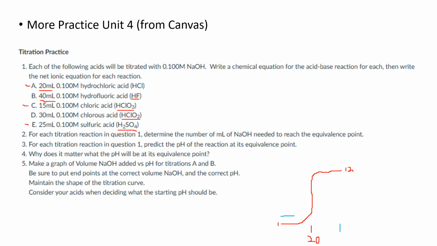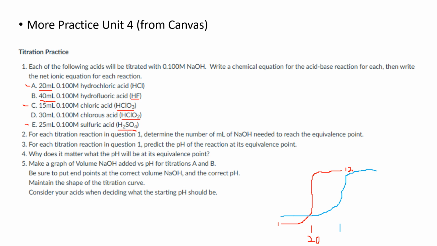So we're going to drag this out a little bit, and it will still go vertical at 40, and it's going to top out at the same pH as our first titration. That was not the greatest curve, but we're still titrating with the base. So once our acid is all gone, we'll still level out at that 12 pH.